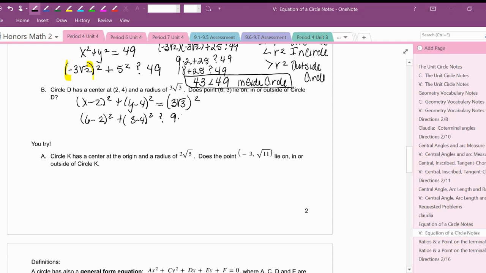So I'd have 9 times 3, or 27. Here I have 4 squared plus negative 1 squared. This would be 4 plus 1, which is 16 plus 1. How does that compare to 27? Well, 17 is clearly less than 27. So this point also is inside the circle.